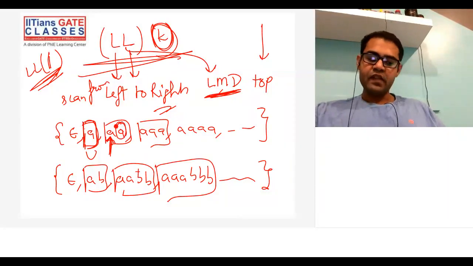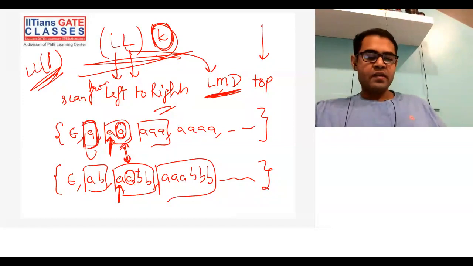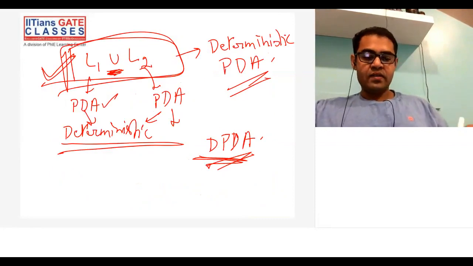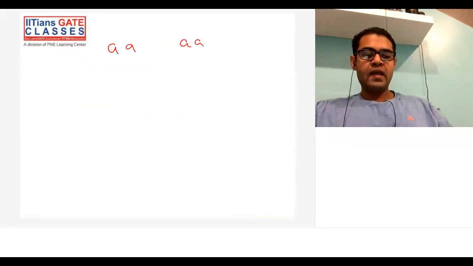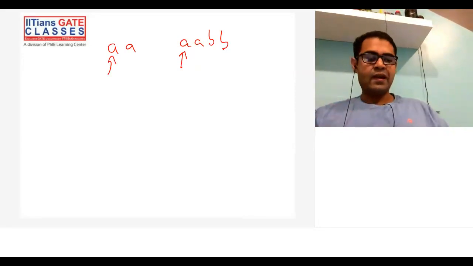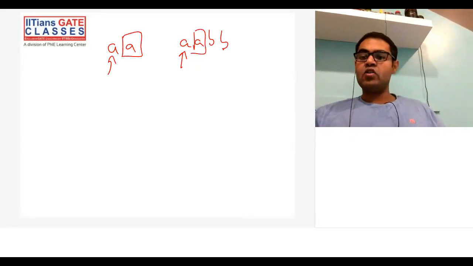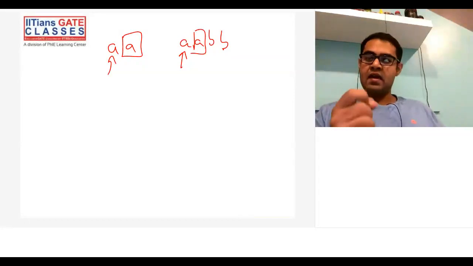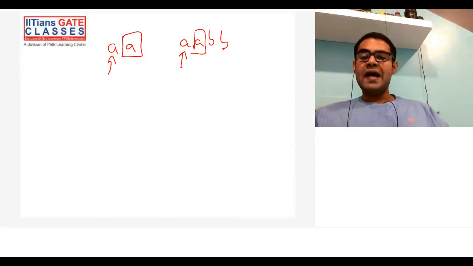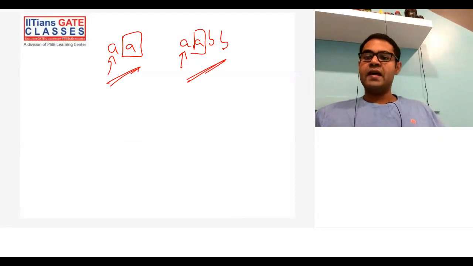If we compare these two strings, the problem is if I just use LL1 and see the next symbol, I will not know whether my string is A or AABB. Just by sitting at this point and checking the next symbol, I will not know, and this is creating some confusion for the LL parser.